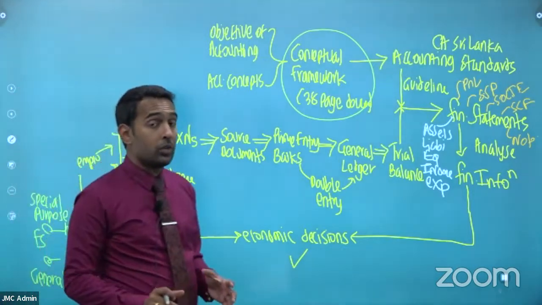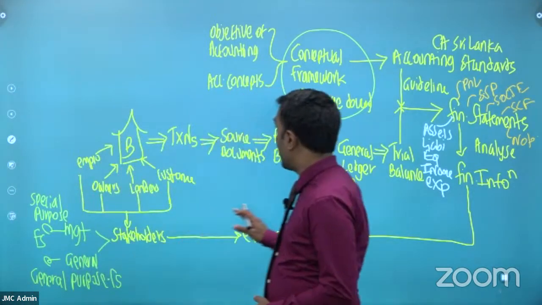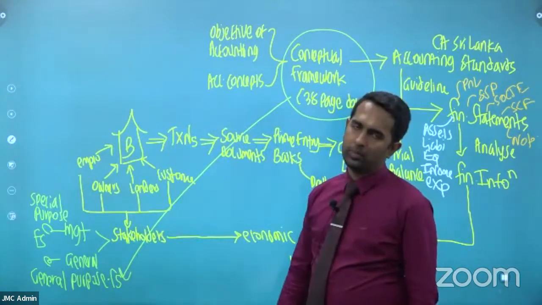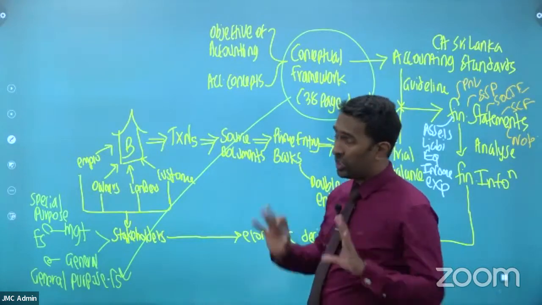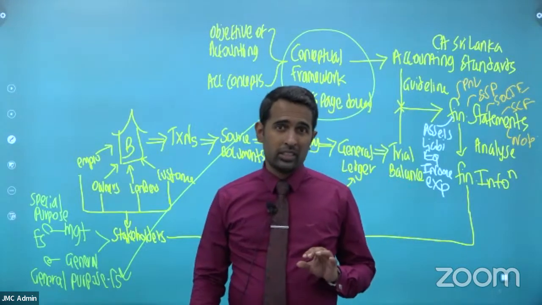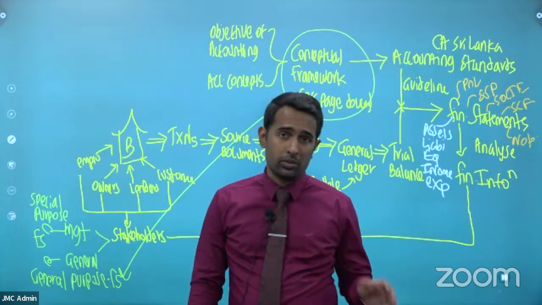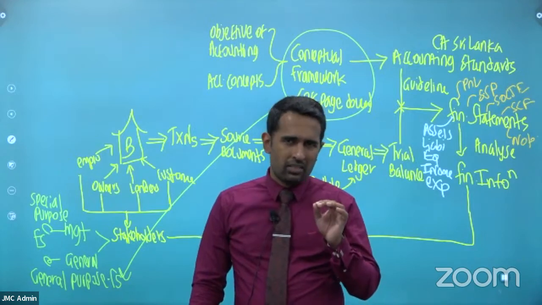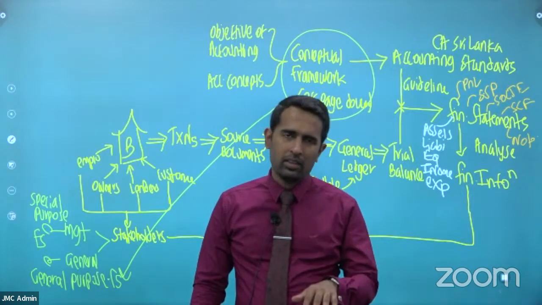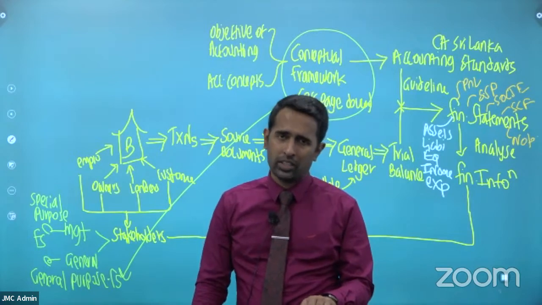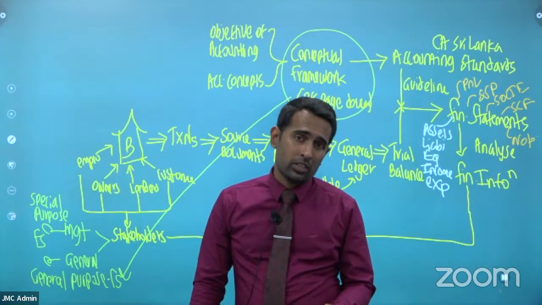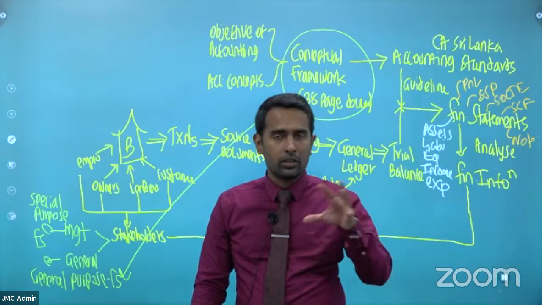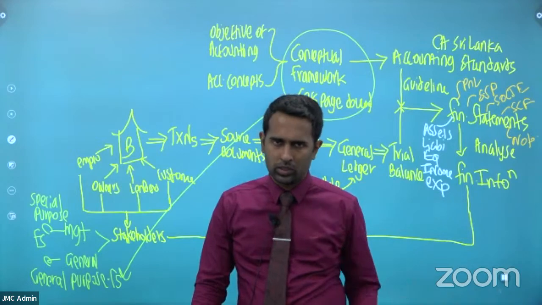Now, what we need to understand is that this entire conceptual framework is focused on general purpose financial statements, not the special purpose ones. Special purpose is for the people with that special power, prepared upon their unique requirements. But other people don't have such power, so we have to give them a common, general financial statement that anyone can use.